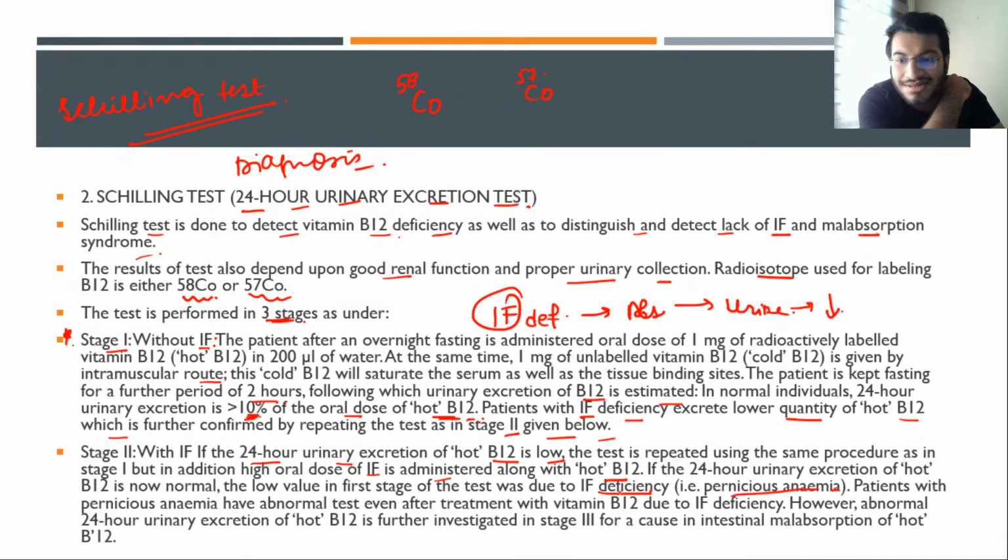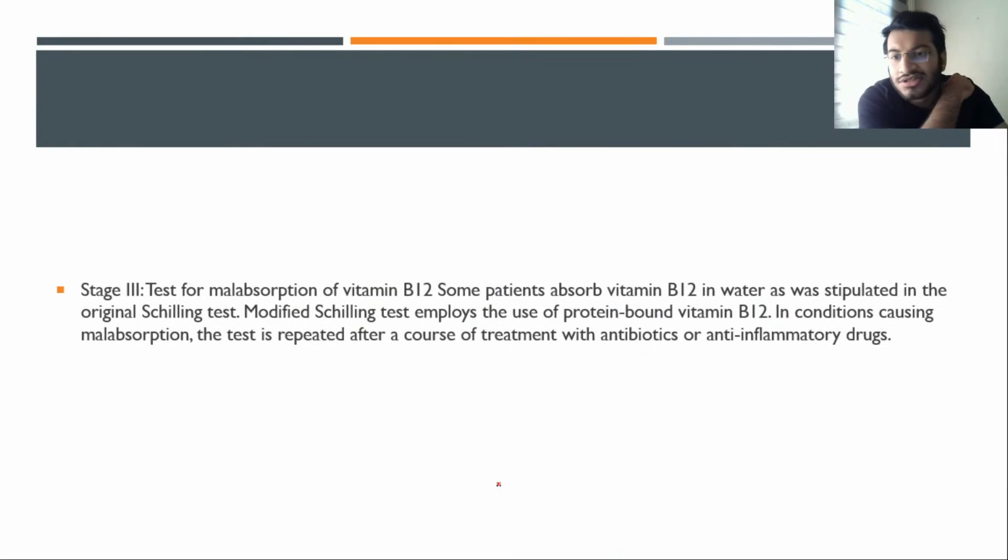Patients with pernicious anemia have an abnormal test even after treatment with vitamin B12 due to IF deficiency. However, abnormal 24-hour urinary excretion of radiolabeled B12 is further investigated in stage 3 for the cause of intestinal malabsorption. So stage 3: test for malabsorption.